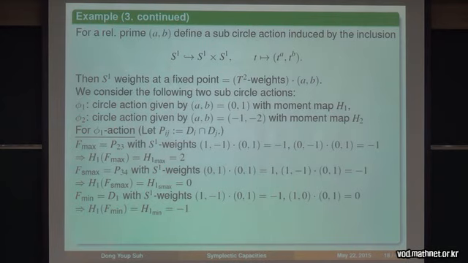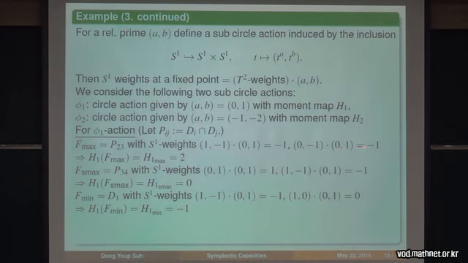And I calculated for the first, phi1 action, and you can check this phi1 action is semi-free. The weights at the fixed points are, okay, this is a simple computation, and I'm not going to discuss this. I gave you all the details of how to calculate these weights.